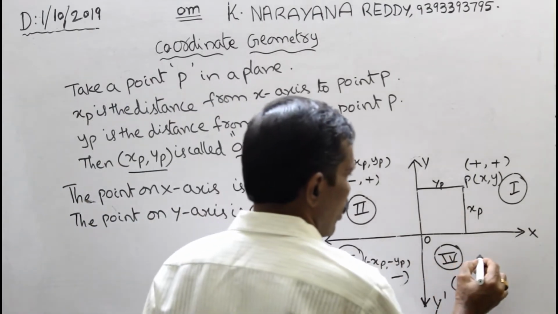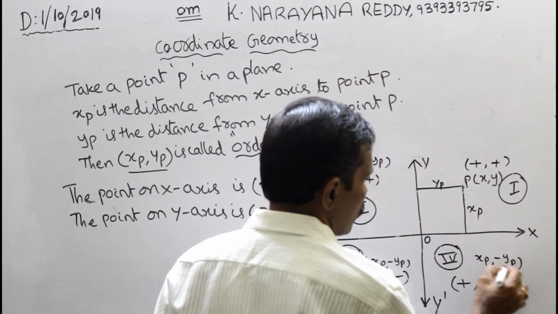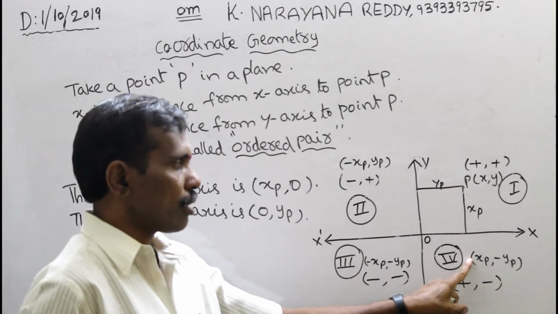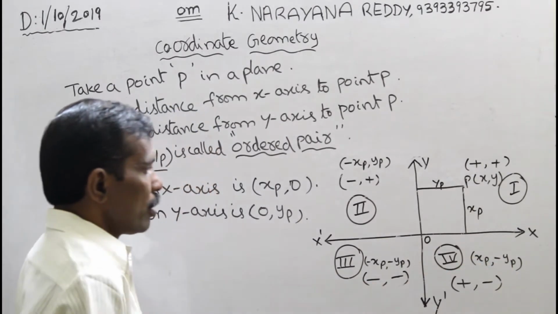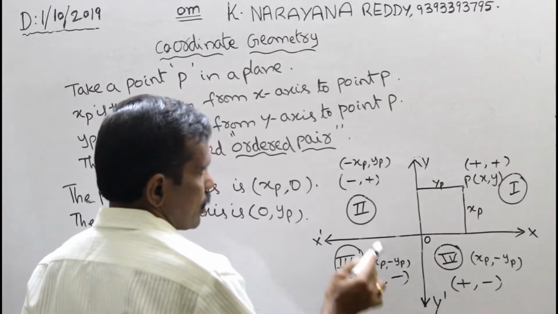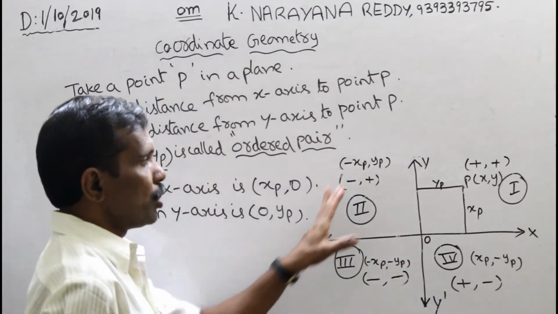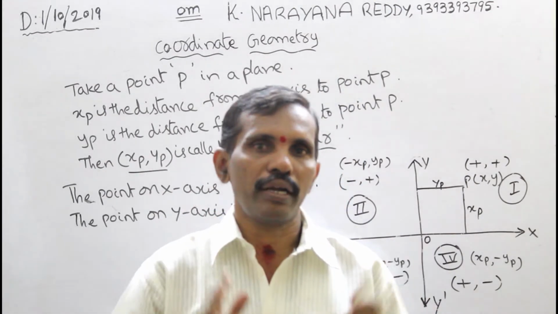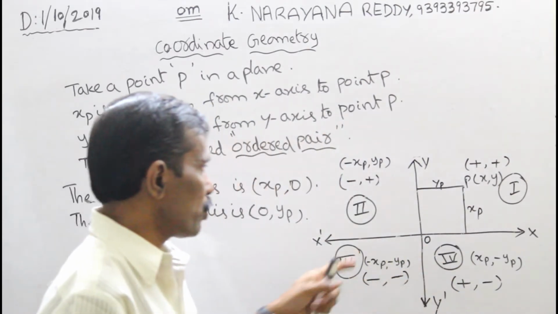In the fourth quadrant, xp, minus yp. The plus sign on xp is optional. By default it is plus. Yes or not? So first and third are opposite: plus plus, minus minus. Minus plus, plus minus. So these are the 4 different coordinates in 4 quadrants. This is a very important point which you have to observe.